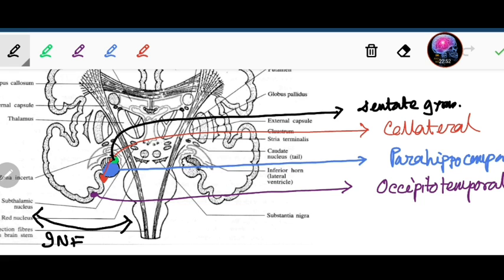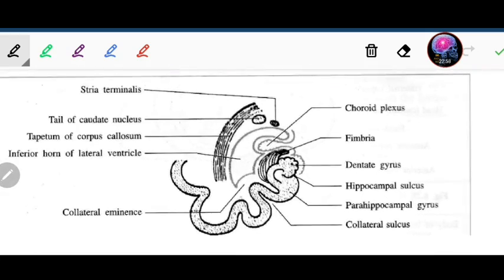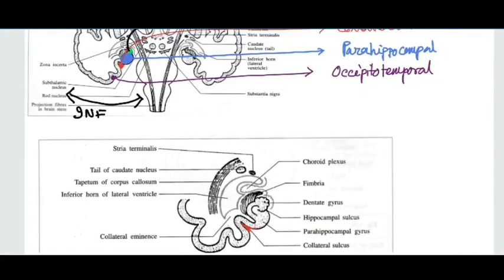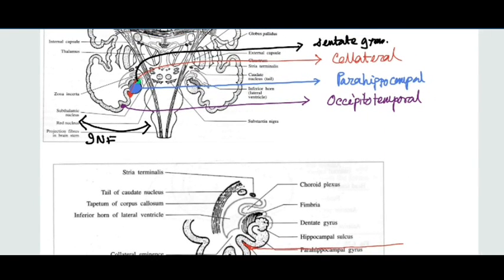Let's see the diagram in a bit enlarged view. See, this is the collateral sulcus. Tally it with the former picture. Medial to the collateral sulcus is the parahippocampal gyrus, in blue.